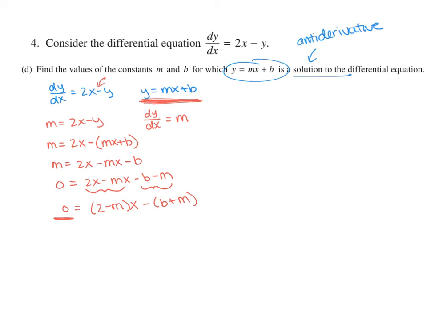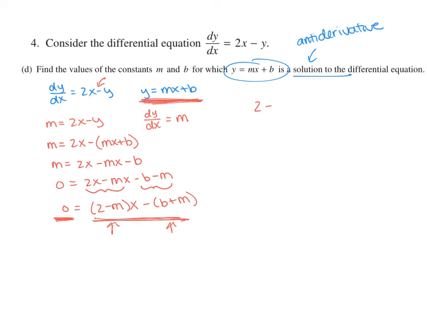So this whole thing over here on the right is equal to 0 no matter what I plug in for x. What that means is that each of these has to equal 0 itself. I know that's a little confusing, but the only way that we're going to be able to have something times x equals 0, no matter what I plug in for x, is if that something is 0.